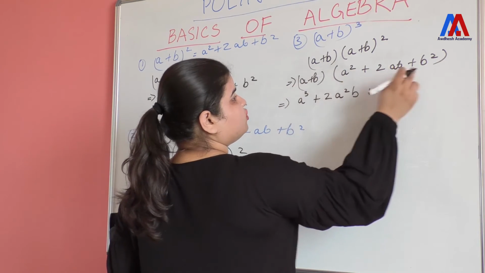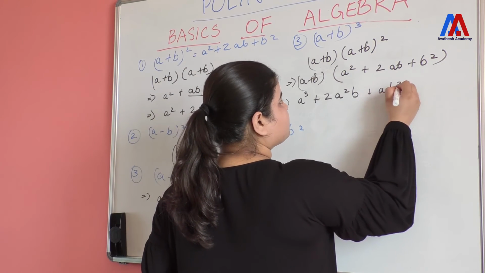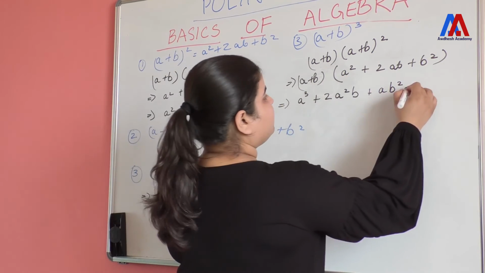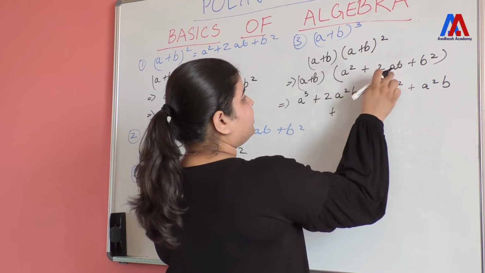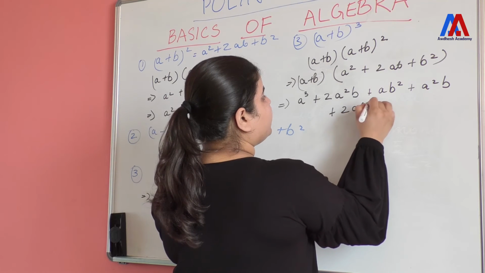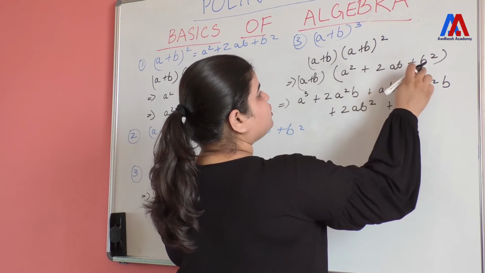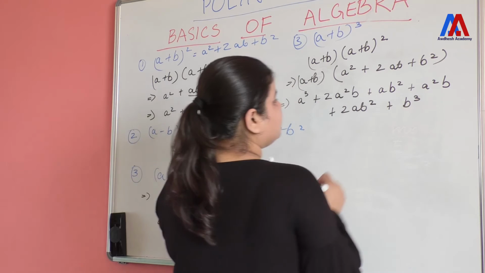Now a into b square will give us ab square, b into a square will give us a square b, b into 2ab will give us 2ab square, and b into b square will give us b cube.